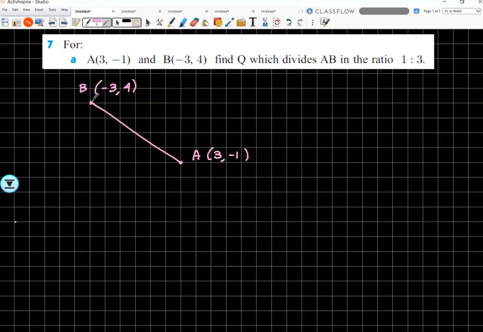Correct? All right, and Q is somewhere there. It divides AB in the ratio 1:3. So we can probably put it roughly here. Okay, so we've got Q, and we've got 1:3. 1 part to 3 parts. All good?